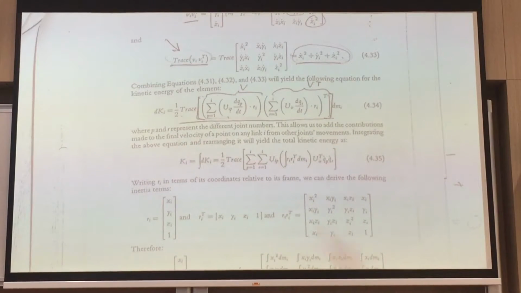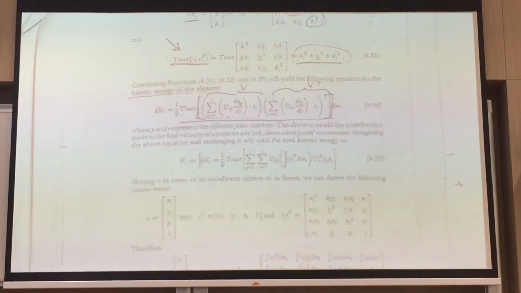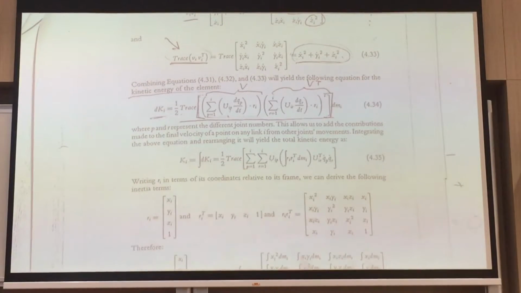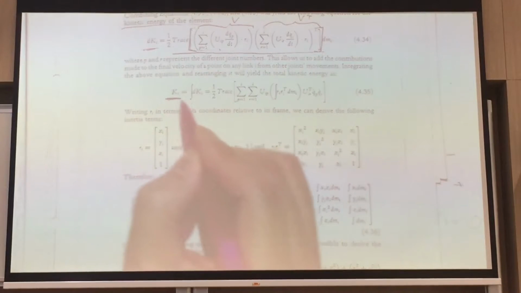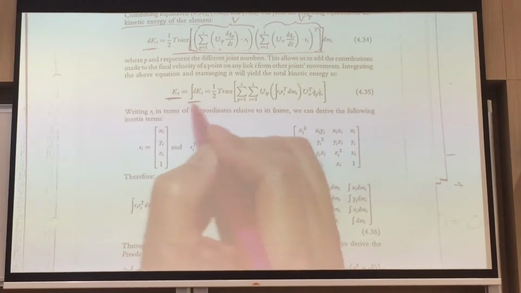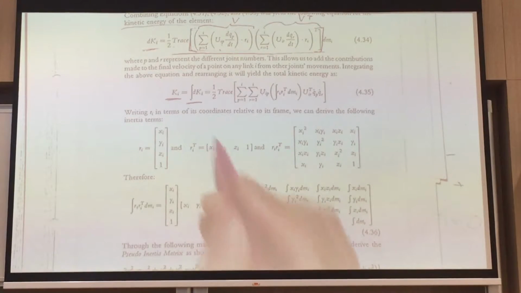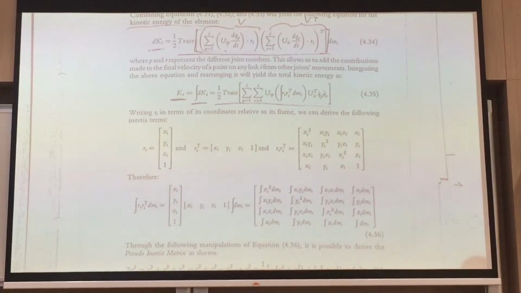So that's how you get the kinetic energy of a particular mass element. Once you get this, to sum up the whole kinetic energy for the whole link, you have to integrate the dk_i and sum up all the points, then you get this answer here.